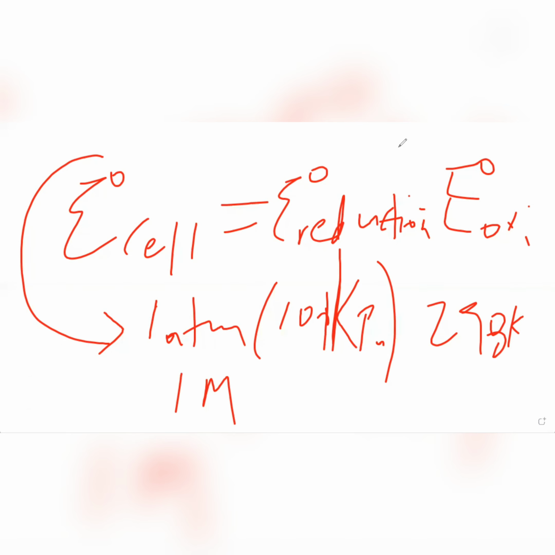We understand how the numbers are generated in comparison to the standard hydrogen electrode. We understand that we can use this equation, E cell is equal to E reduction minus E oxidation, to determine the E naught of a cell. Let us now do some calculations.